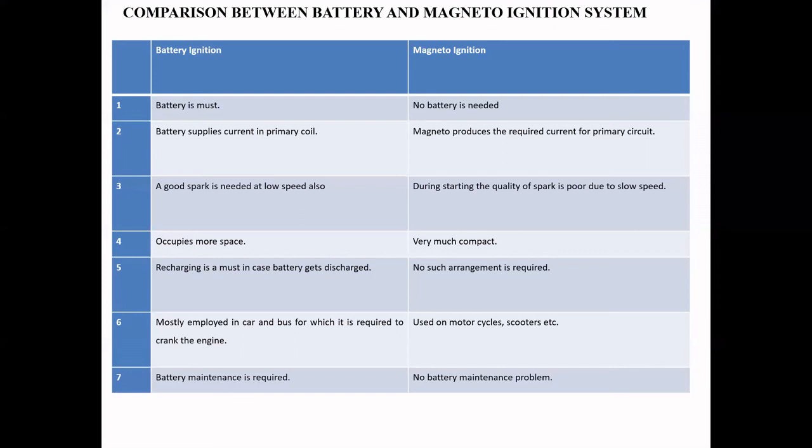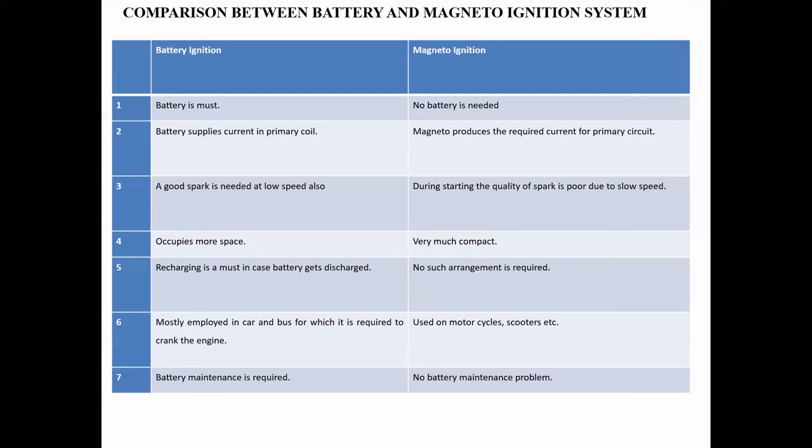Another comparison you can make is, as I said, the major advantage associated with battery ignition system is that it produces a strong spark, even at low speed. Whereas in magneto ignition system, during starting, the engine speed is low, so the magneto rotates at lower speed and produces less voltage.